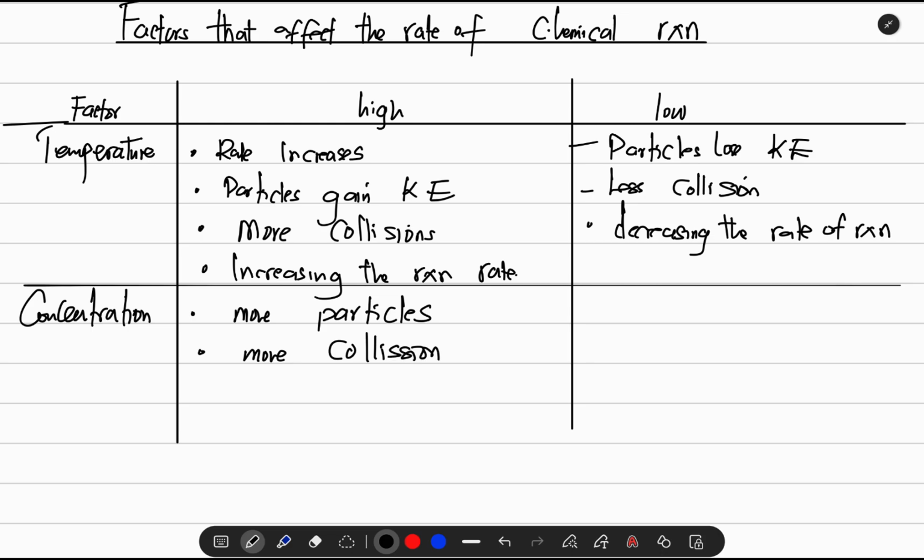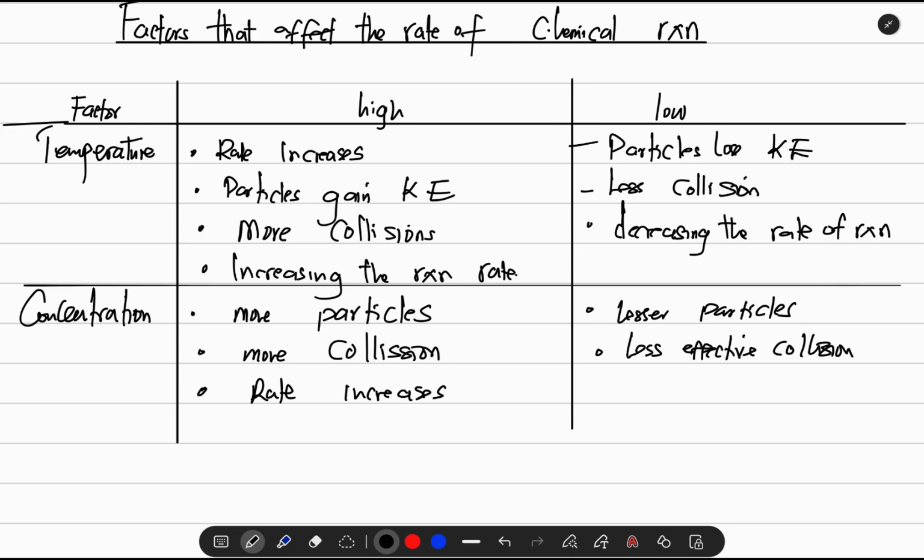Because of more collisions, the rate increases. When concentration is low, there are fewer particles, meaning there are fewer effective collisions, meaning the rate decreases.